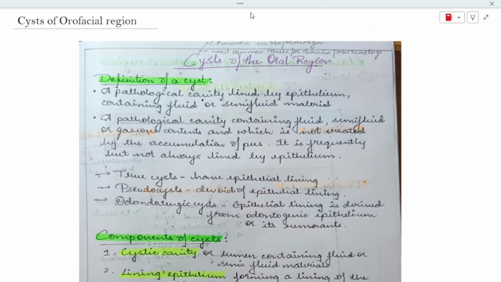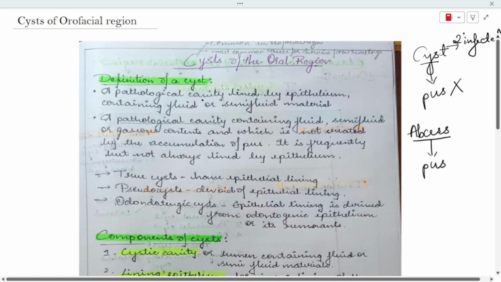To know in detail, a cyst does not contain pus. Whereas what is the other thing that contains pus, that is formed by the accumulation of pus? That is an abscess. We all know that it contains pus. Sometimes a cyst gets secondarily infected.